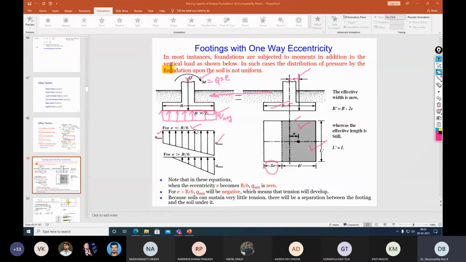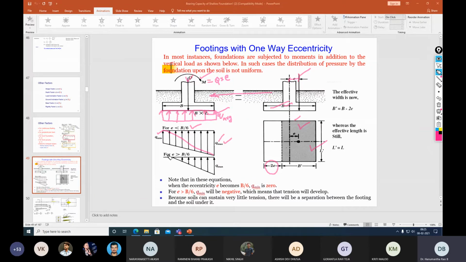Depending upon the eccentricity, Q max can go as high as, but Q minimum can also be lowered down to 0, or even negative. So for a better understanding, people tried to derive under what condition Q minimum becomes either 0 or negative.